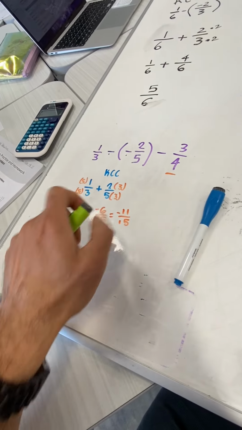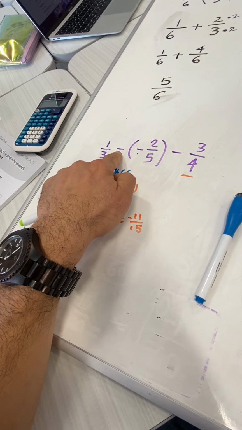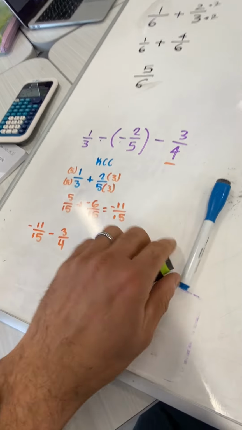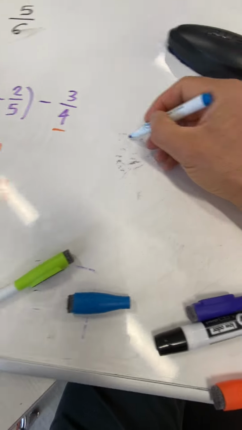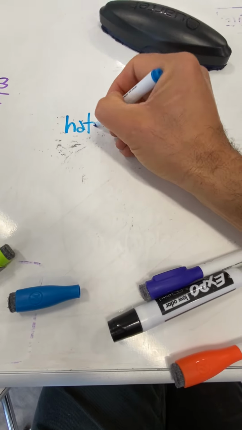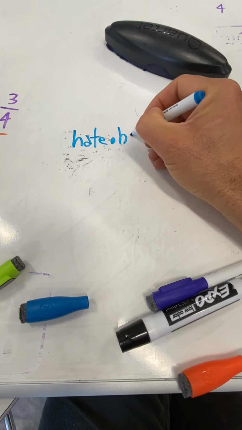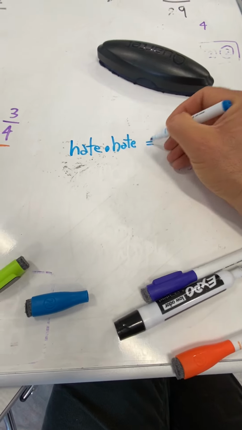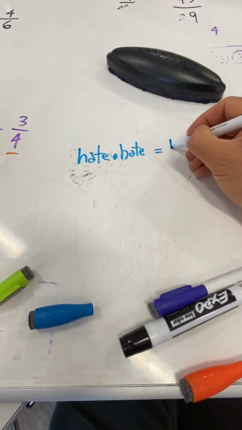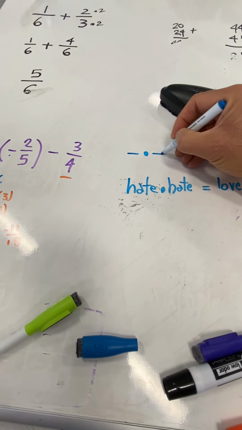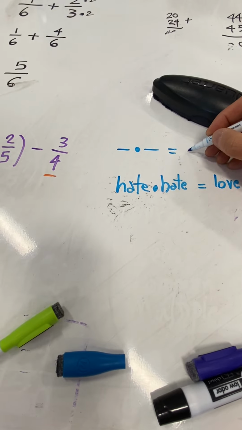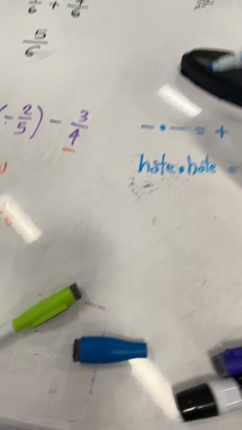But remember when Dr. K told you that there's this sign and that sign. That's the same thing as when you have hate times hate. When you hate multiplied by hate, you get what in your heart? Love. Yes, that's right. And when you have a minus multiplied by a minus, what do you get? Plus.